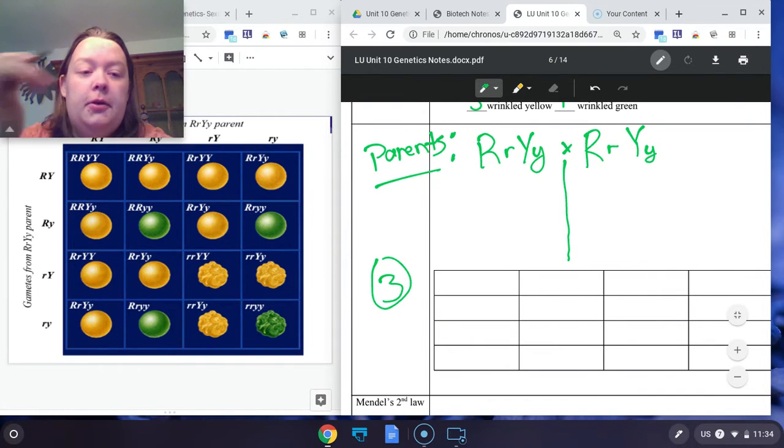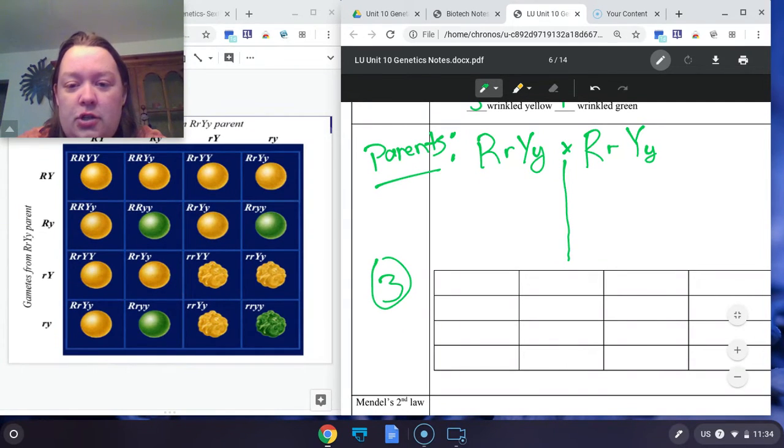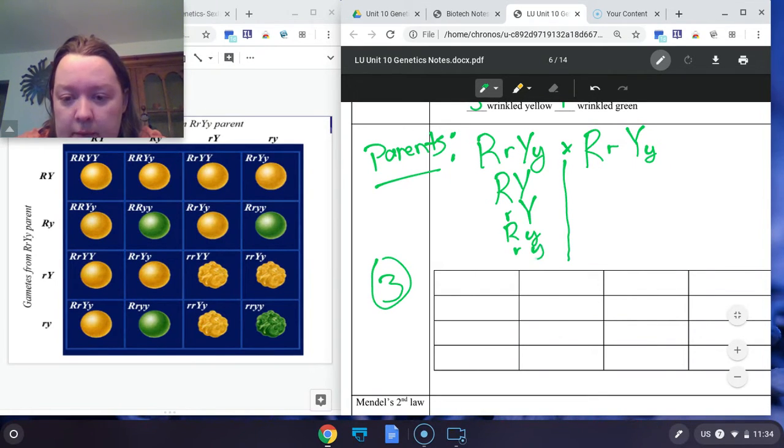One is easier than the other. So the first way that you can do it is by just simply looking at it and figuring out all the combinations. So here, I know that my parent one is going to pass down an R and a Y. Now it could pass down a big R and a big Y. It could pass down a little r and a big Y, or a big R and a little y, or a little r and a little y.